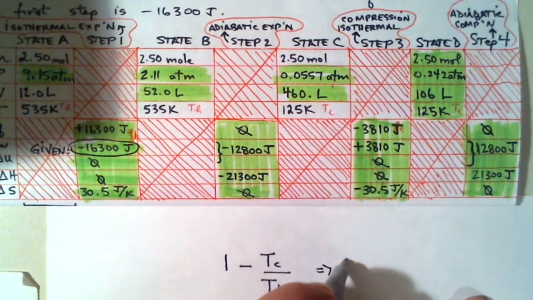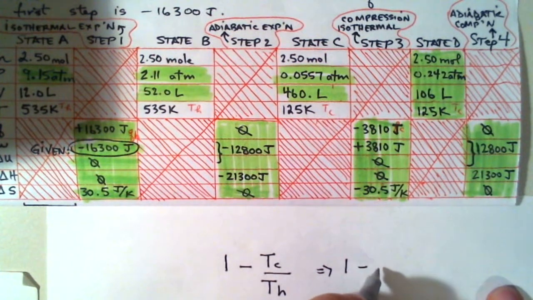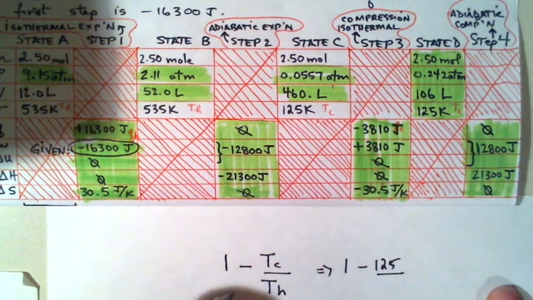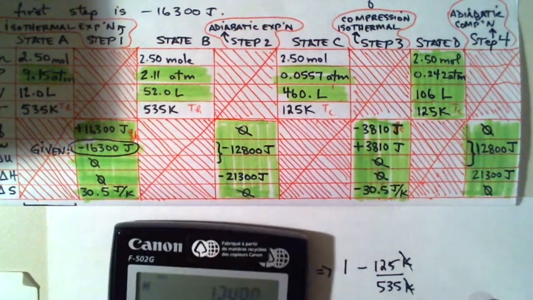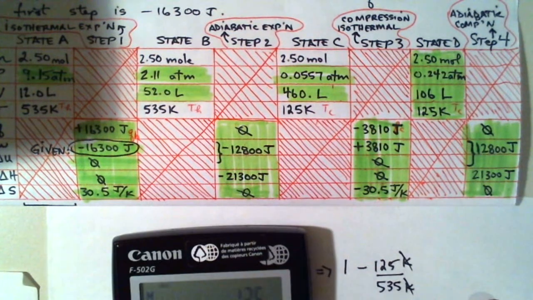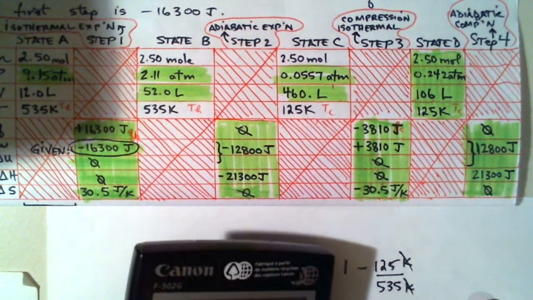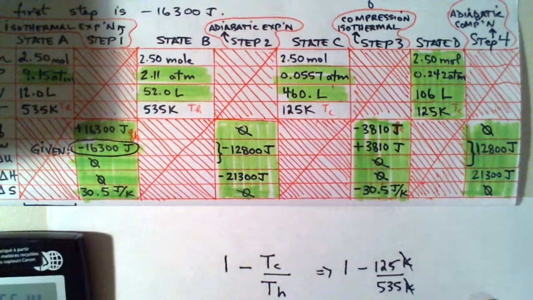And so that's 1 minus 125 over 535. 0.766.